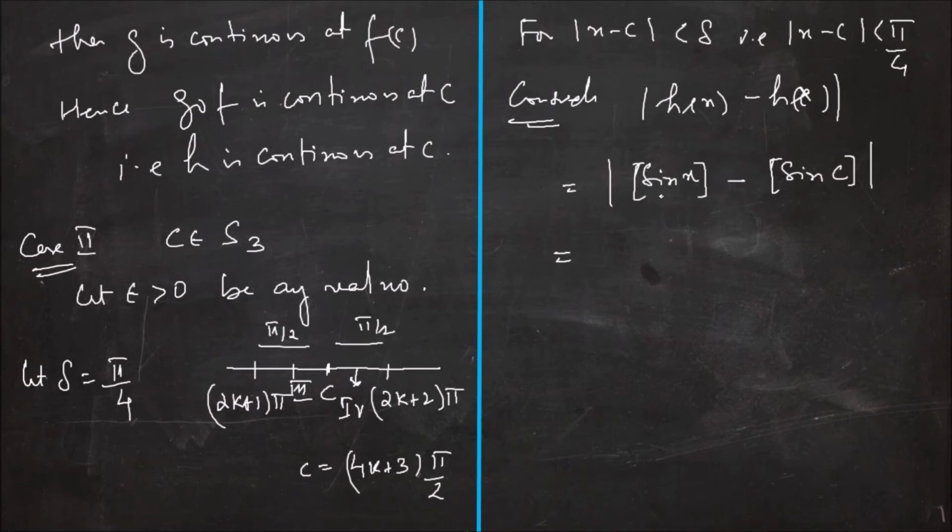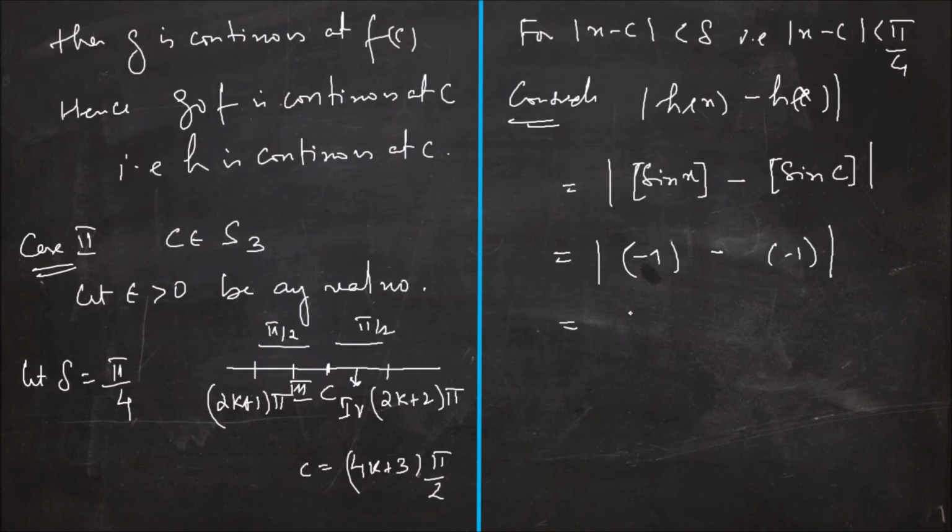Because of the choice of delta, x lies in either the third or fourth quadrant, so sin x is some negative value and its greatest integer value is -1, and for c equal to (4k+3)π/2, it is obviously -1.